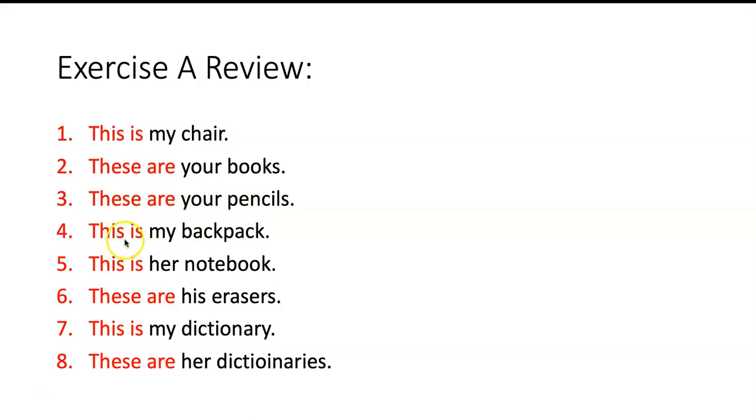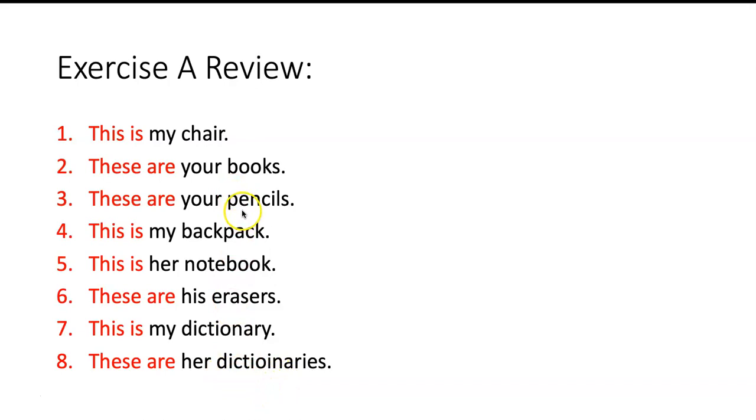Number 4, this is my backpack. Number 5, this is her notebook. Number 6, these are his erasers. Number 7, this is my dictionary. Number 8, these are her dictionaries.